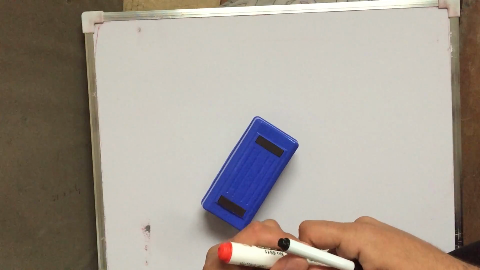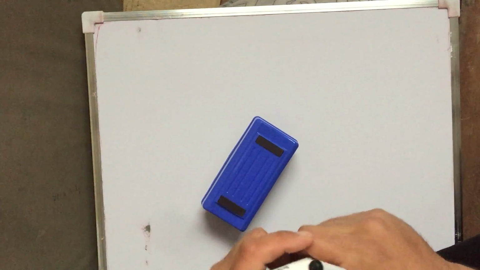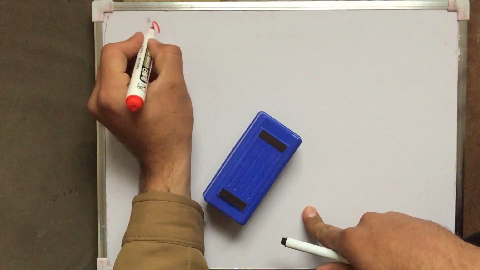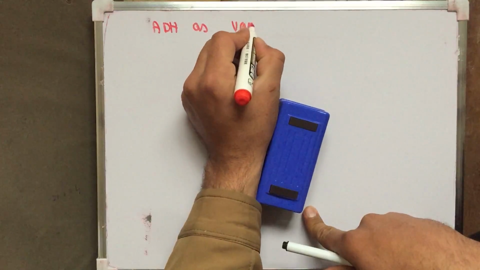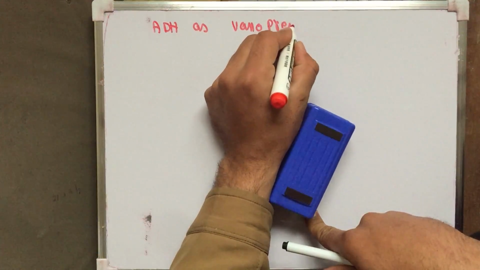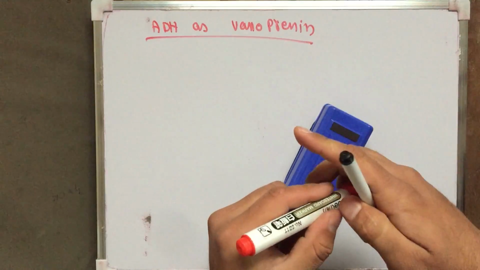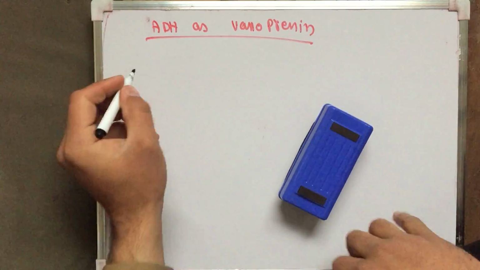Another function of the antidiuretic hormone is acting as vasopressin. ADH as a vasopressin. So in this case, antidiuretic hormone will act on a blood vessel.